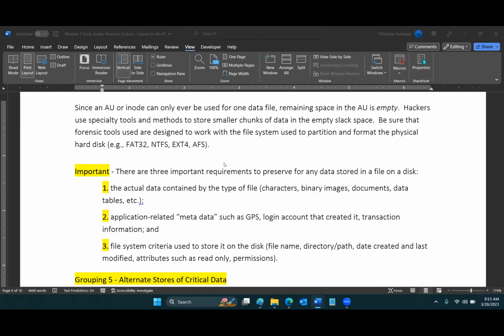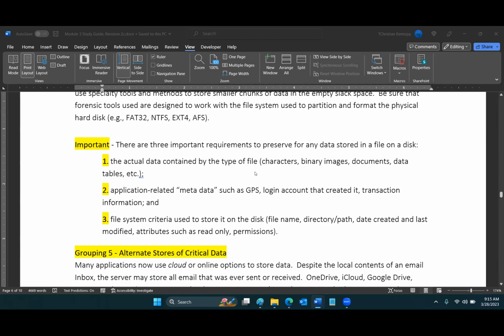You're preserving digital evidence. There are 3 important requirements to preserve for any data stored in a file on a disk. The actual data contained by the type of file, because many file types are containers. We refer generically to documents from the old days when the first applications were word processors.